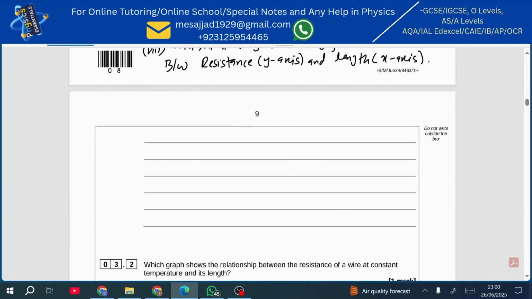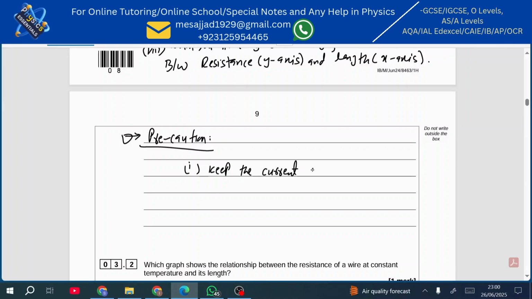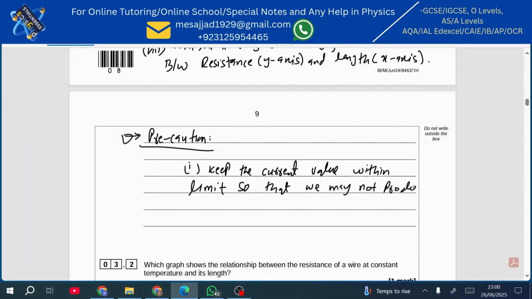One precaution that you have to take in this experiment is to keep the current value within limit, so that we may not produce heat energy.